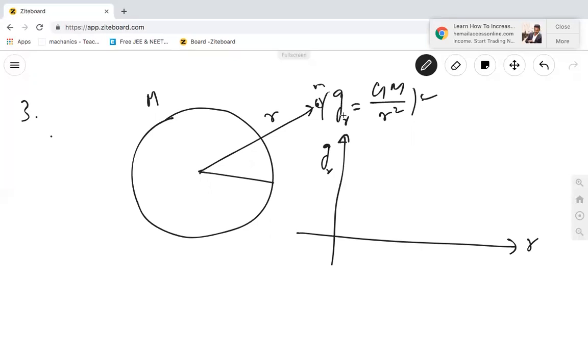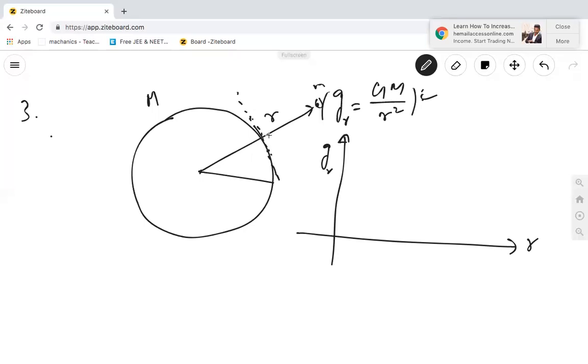It decreases as radius increases. That's right. It decreases as radius increases, but the graph cannot start from the center because you don't know what the acceleration is inside the Earth. The formula that we have here is from the surface of the Earth, because the object is outside the Earth. So where is this formula valid?